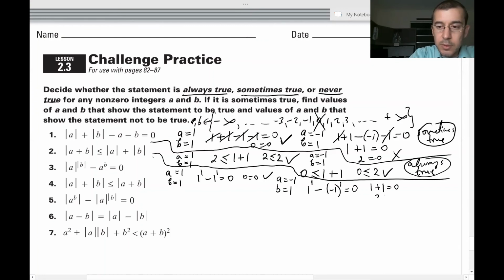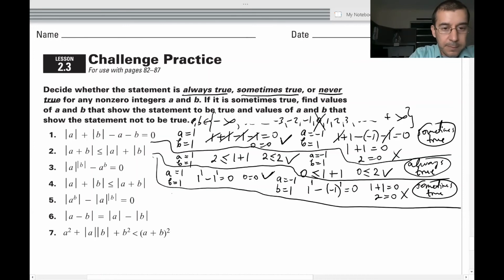So 2 equals 0 is not true. So sometimes true, because when a equals 1, b equals 1, this was true. So we say sometimes this is true. This was number 3.